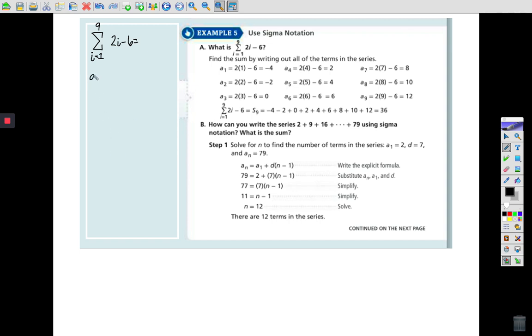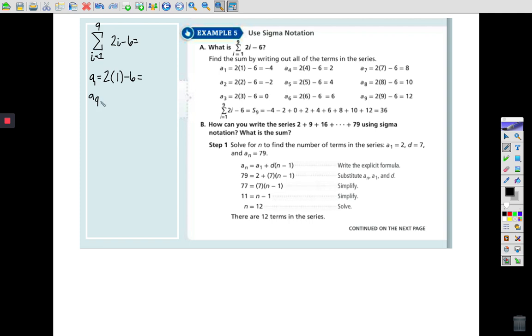So the first term, a sub 1, we just plug 1 in for i. So 2 times 1 minus 6. To find my last term, the number on top of the sigma tells me my last term.